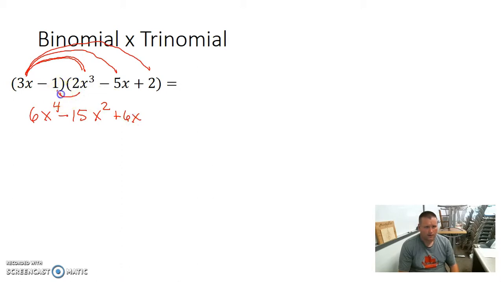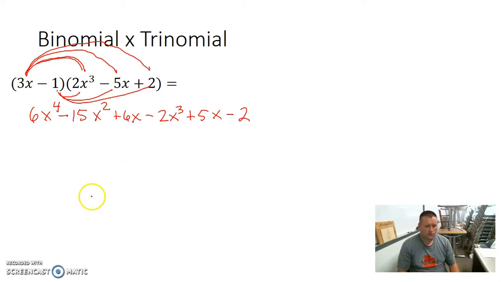I've got to take my negative 1 and multiply it to everything as well. And so I've got -1 times 2x to the third, which will give me -2x to the third. Got -1 times -5x, and -1 times -5 gives me +5, and I leave my x, and then -1 times 2, which gives me -2.